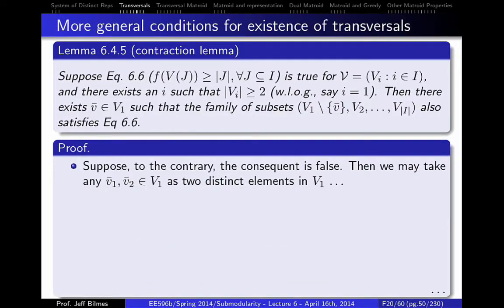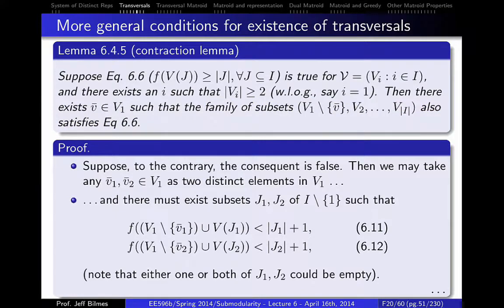Now suppose to the contrary that there doesn't exist a V bar such that the family of subsets also satisfies 6.6. So we're going to assume that this consequent is false. This is the consequent that I just highlighted in yellow. That means we can take any two distinct elements from V1 and get something that's going to lead us to a contradiction. Since it's false, it no longer satisfies equation 6.6.